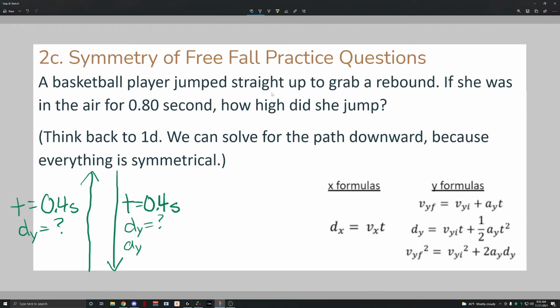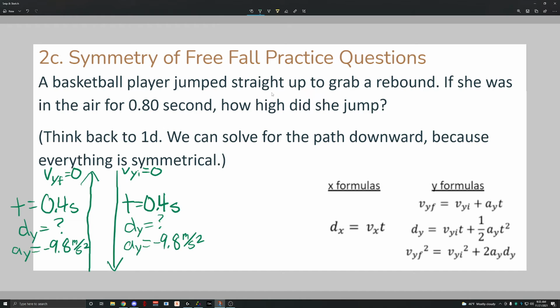We know our acceleration in the y direction is negative 9.8 meters per second squared. If we're solving for our path upward, our final velocity at the top would be 0. If we're solving for a path downward, our initial velocity at the top would be 0.